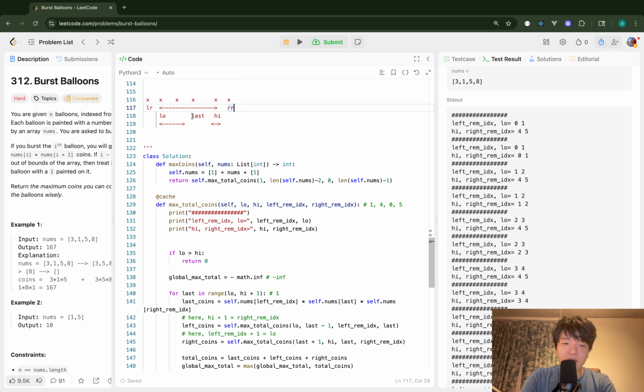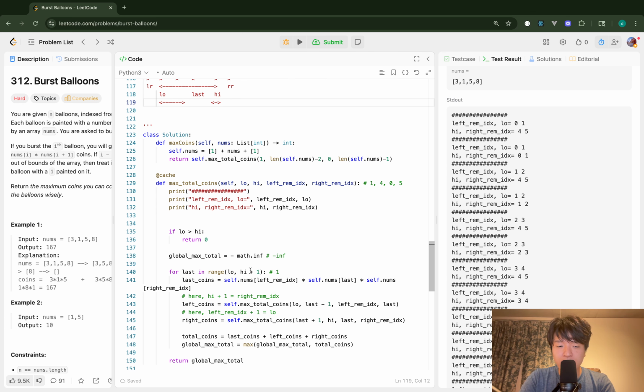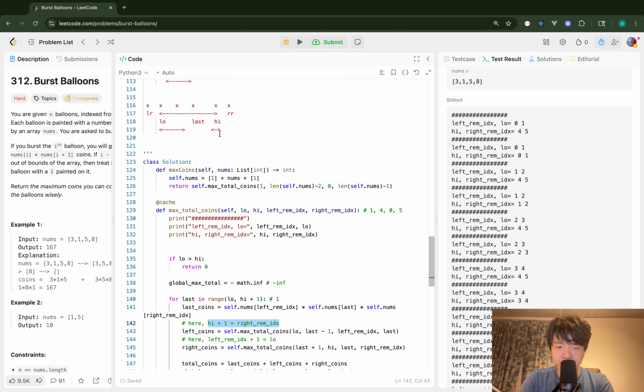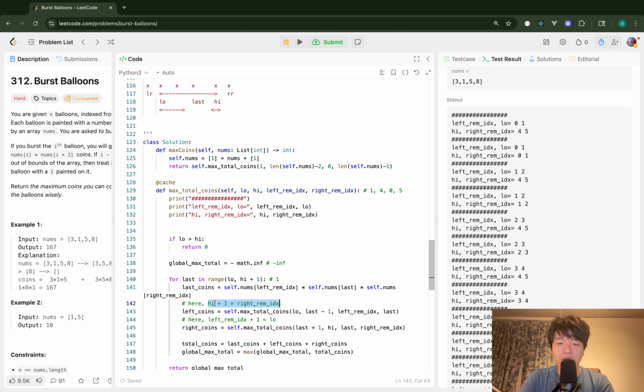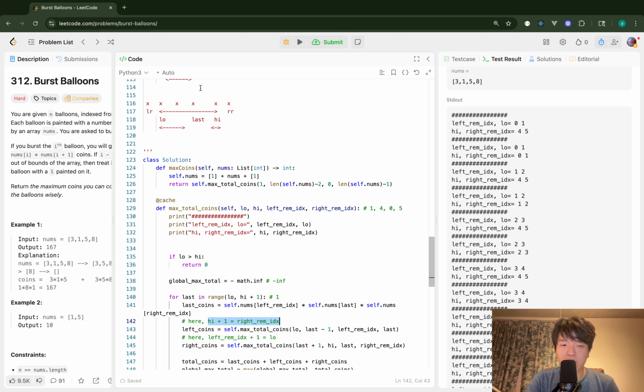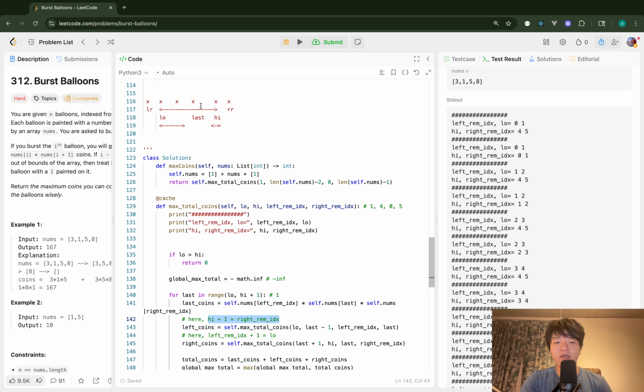And once this is met, as long as I split it, high plus 1 is RR and LR plus 1 is low, it is always met, because I split the segment as such.